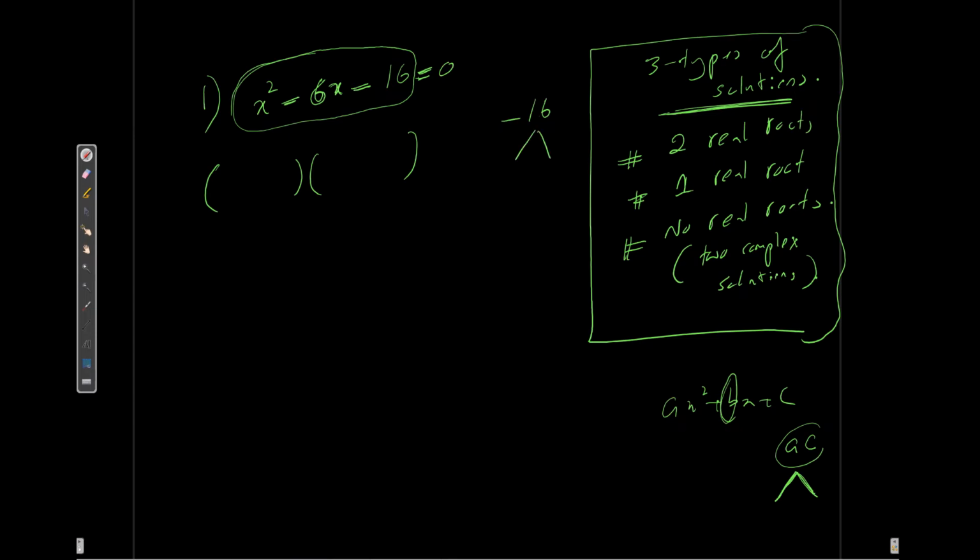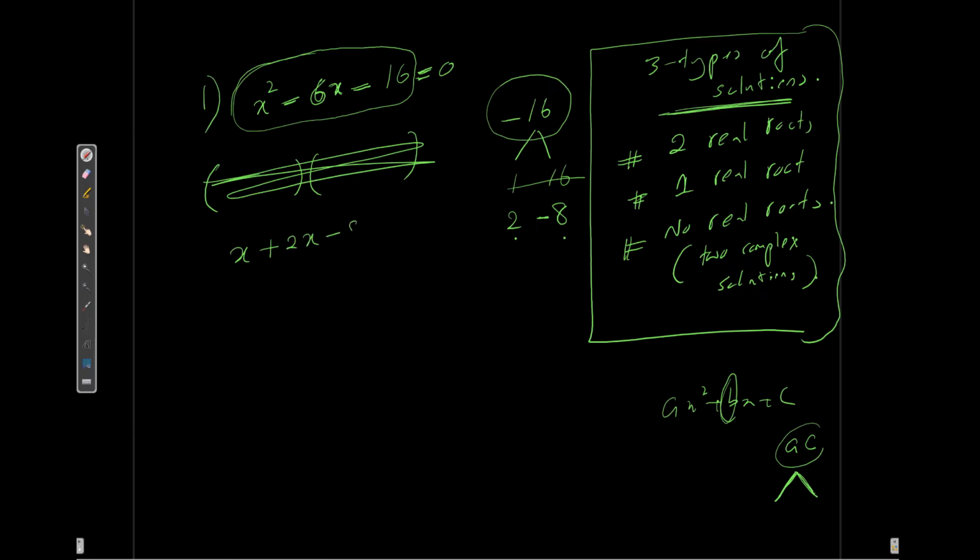How can you get negative 16? 1 times 16 doesn't work, and 2 times 8, it seems, using 2 and 8 I can get negative 6. So 2 times negative 8 is negative 16, and 2 plus negative 8 is minus 6. So minus 6x can now be replaced by plus 2x minus 8x, minus 16.